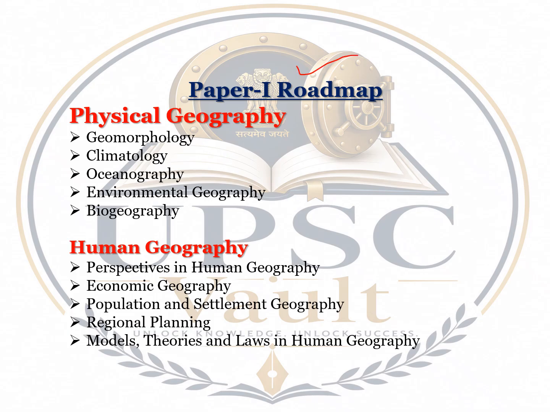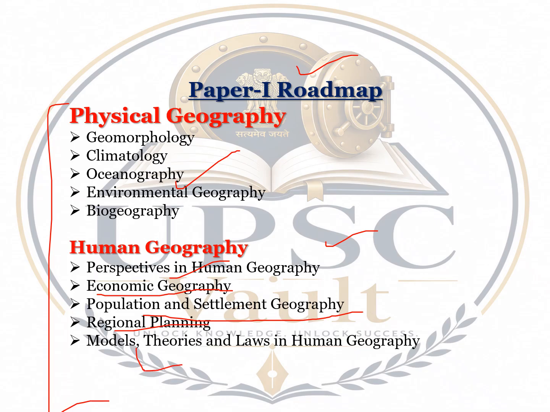Roadmap. Physical geography covers 5 units: geomorphology, climatology, oceanography, environmental geography, biogeography. Human geography covers perspectives in human geography, economic geography, population and settlement geography, regional planning, models, theories, and laws in human geography. This is your paper 1.